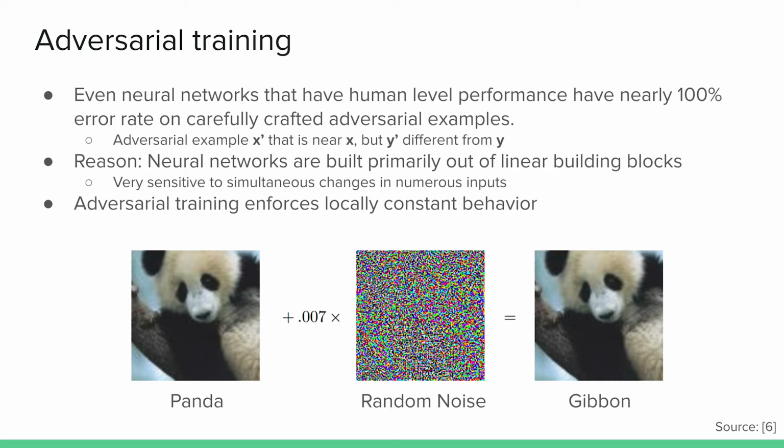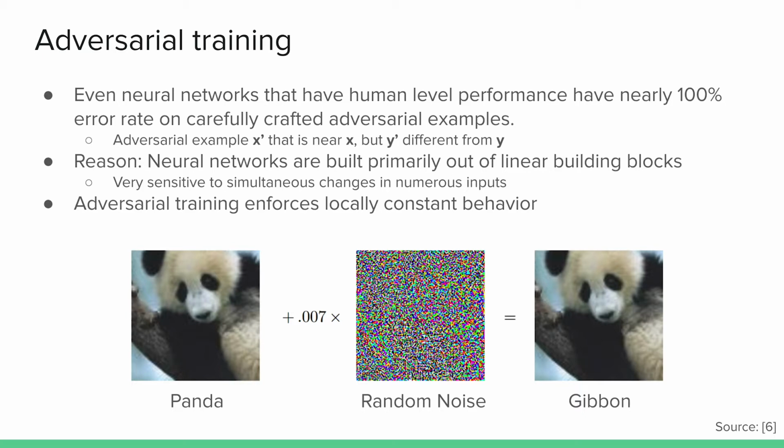Those are malicious examples that try to break your network. An adversarial example in more formal terms would be something where x prime is near x, so x prime is quite close to the real x. However, the prediction y prime is completely different from the target y that you had initially.